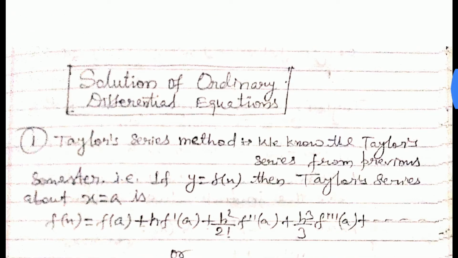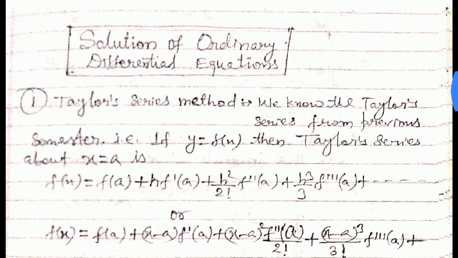So what is the Taylor series method? The Taylor series method is a method in which we use the Taylor series expansion, and I think you know the Taylor series. Taylor series is an infinite series.